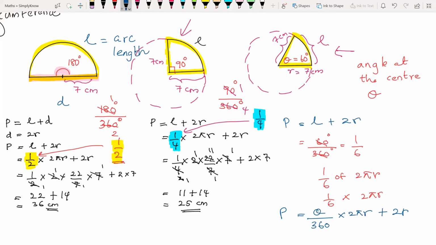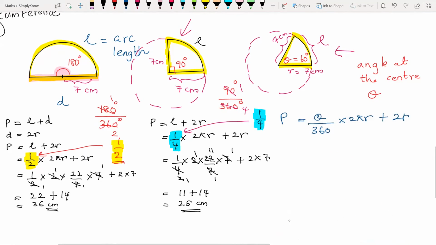So we can find out the perimeter of any sector using this formula. Theta over 360 times 2 pi r plus 2r. Okay, now let's use this formula and find out the perimeter of this sector.